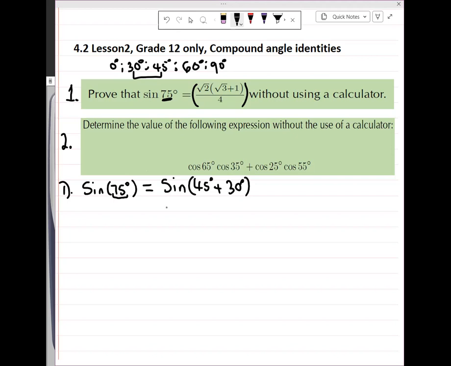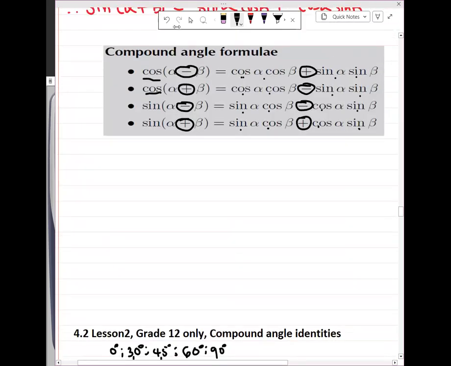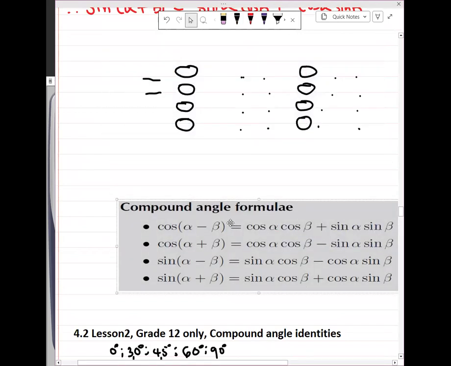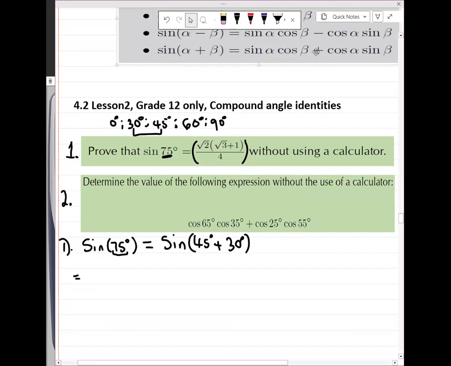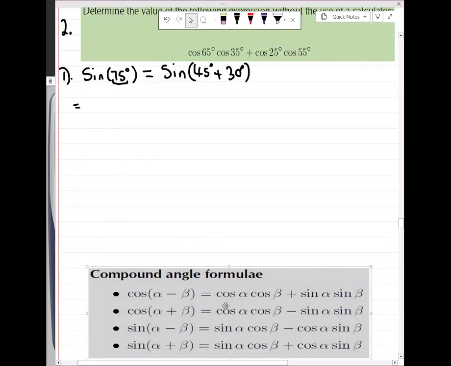And then from our compound angle identities, let me take them and bring them down for those who haven't learned them yet. So here I basically have this identity.